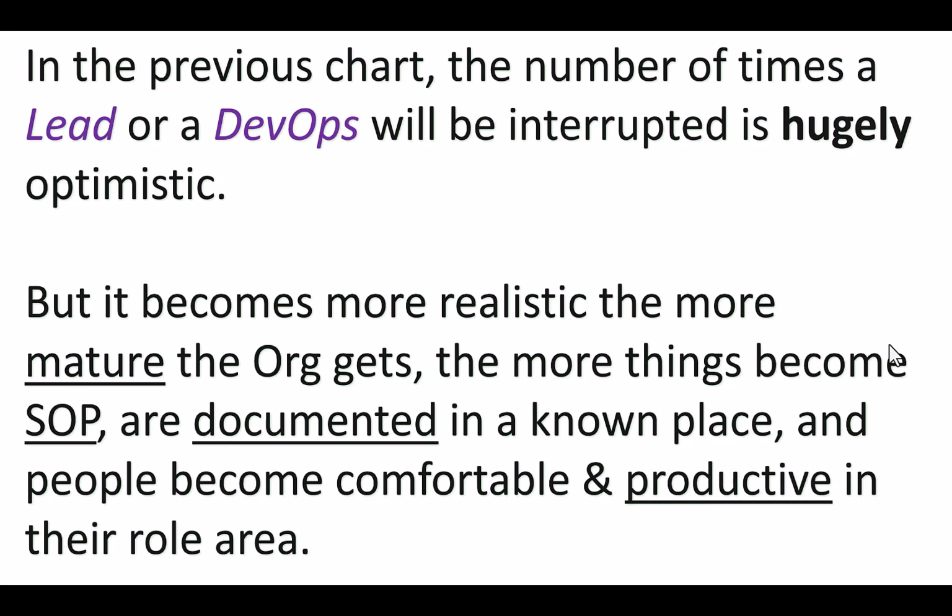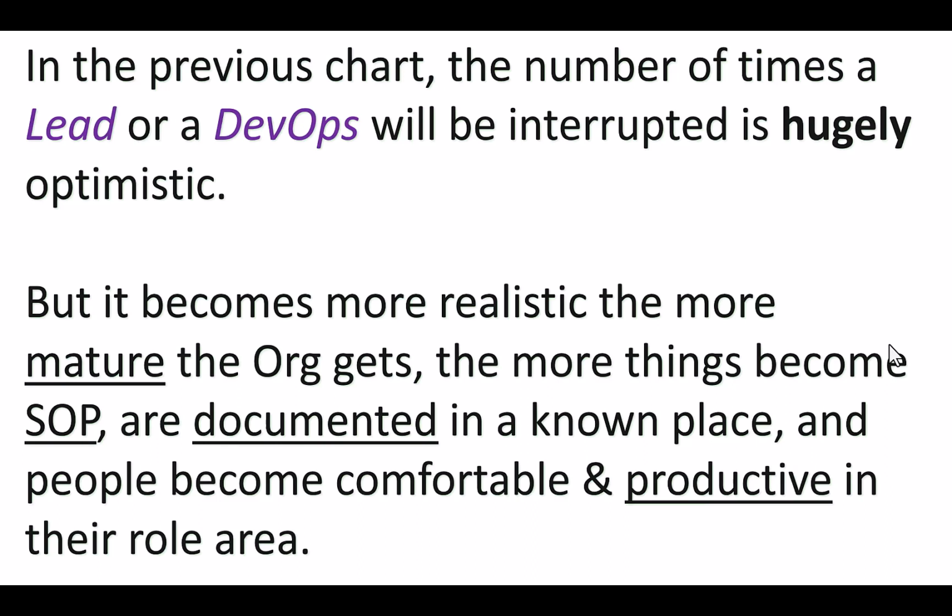Leads give direction. They help get problems solved, right? They may not know the answer to everything, but their job is to unblock their development. And DevOps people are like, oh, this stopped working, help.